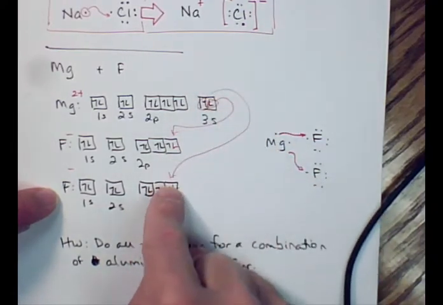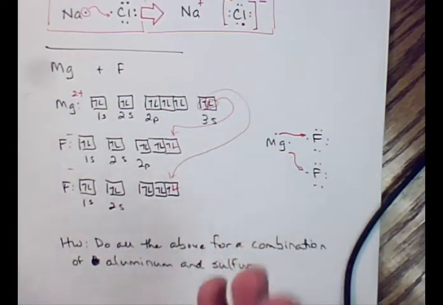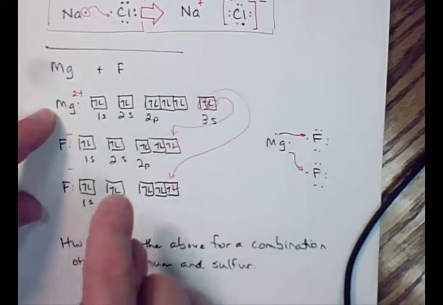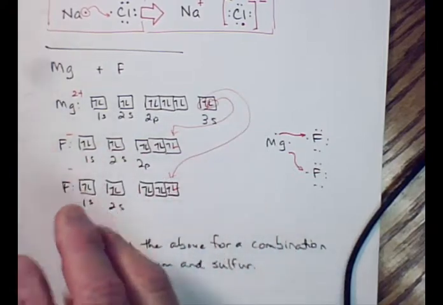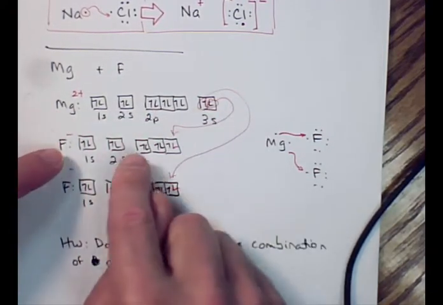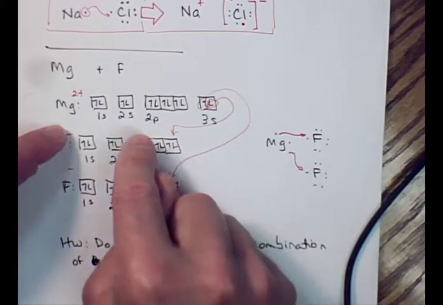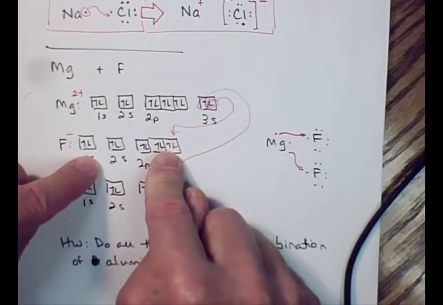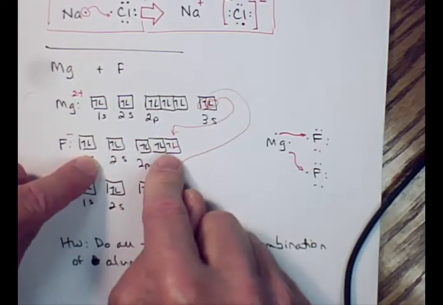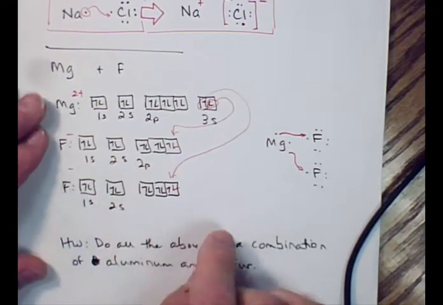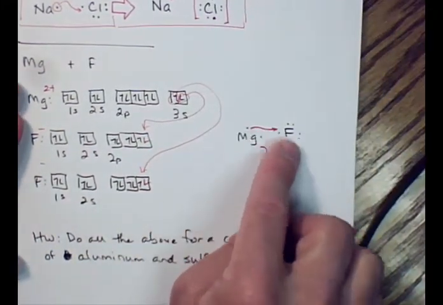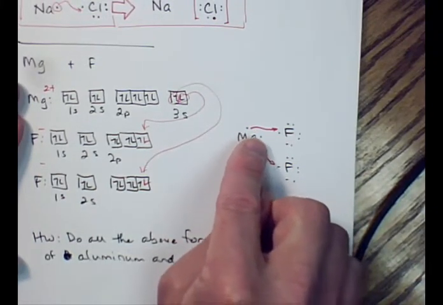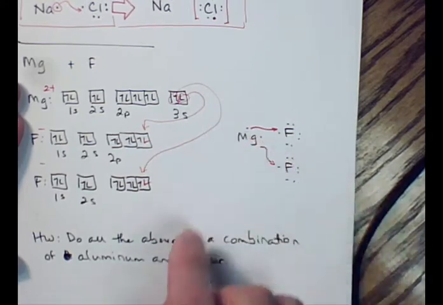So you have to ask, do I have enough fluorines for the magnesium's electrons to go to? If not, you write more fluorines. If the converse were true, that I had 1 electron to give away, but something else needed 2 electrons, then I would need 2 magnesiums in order to fill up the spaces available in the non-metal here. So the metal gives up electrons, the non-metal gains electrons, and then we get to the Lewis dot formulas. The electrons leave here and go to the fluorine, and leave there and go to the fluorine. So you've got 2 fluorines and 1 magnesium.